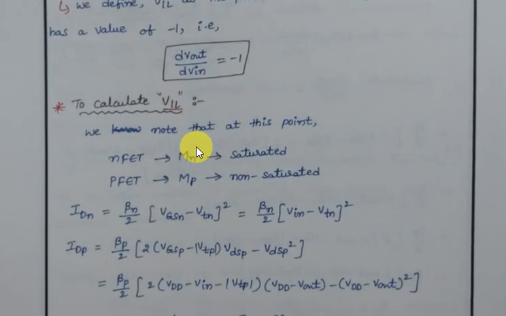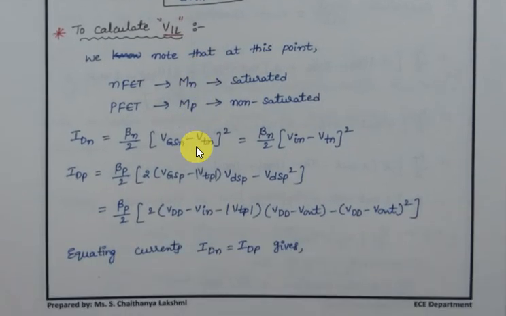So to calculate VIL, the NFET will be in saturation mode, and the PFET will be in non-saturation mode. If you are aware of the IDS formulas, these two points are very important for the whole derivation.